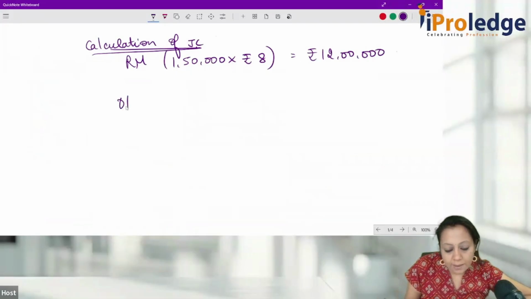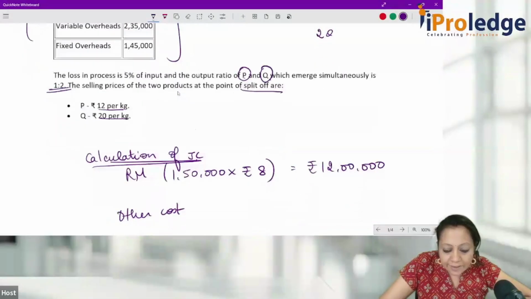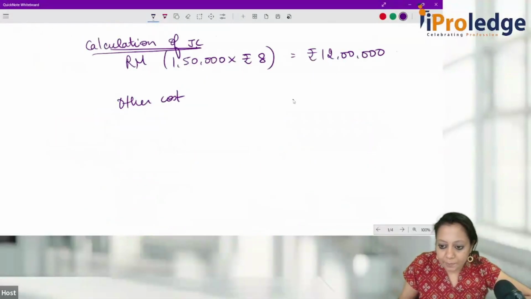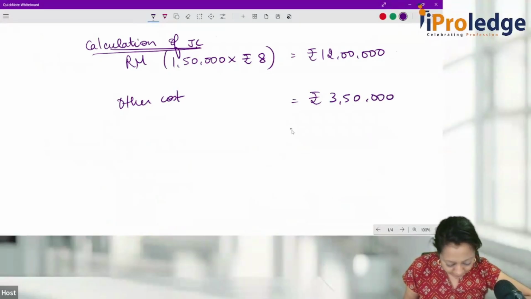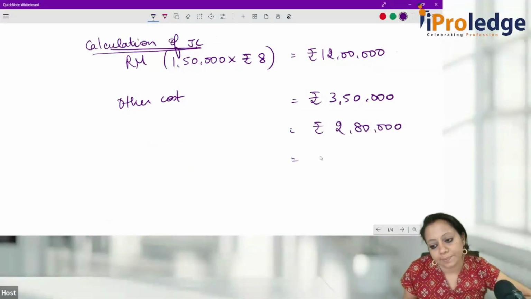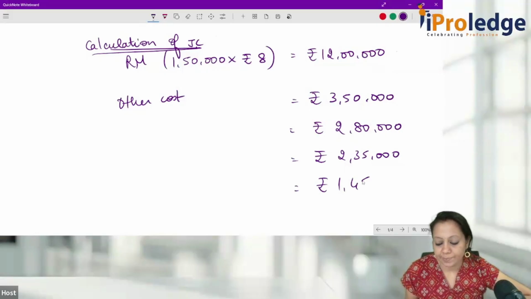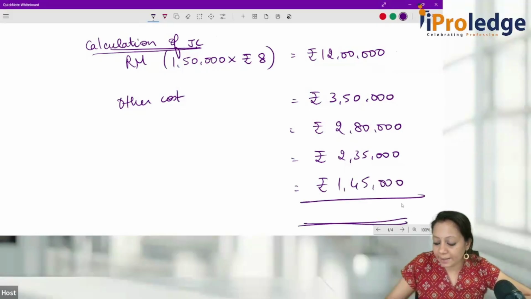Then the other costs, let us write down 3,50,000. Whatever is given, we will just take it. Then we will take 2,80,000, 2,35,000, and 1,45,000. Please add and tell me the total.